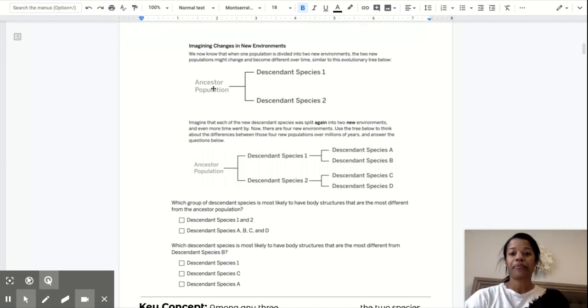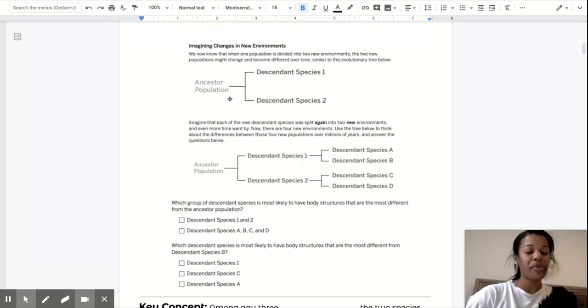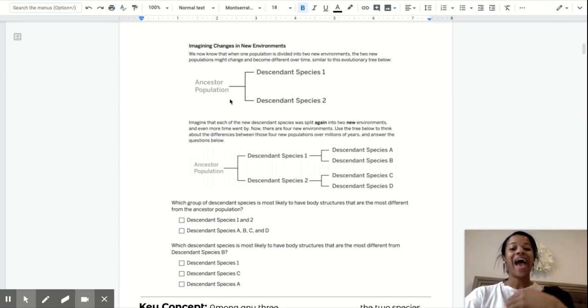So, we're closing out evolutionary history and how speciation occurs, how traits change in descendants over time as they move further and further away from the ancestor population towards present time.